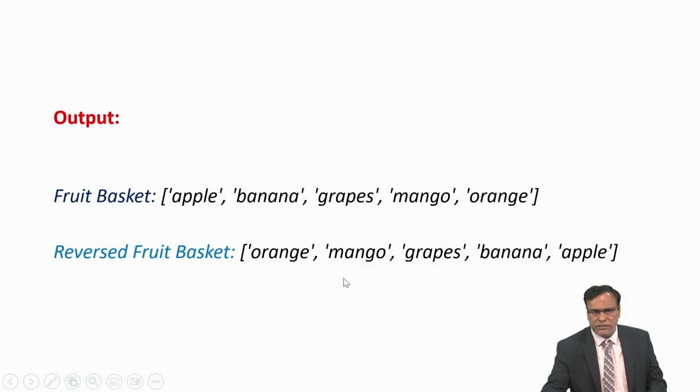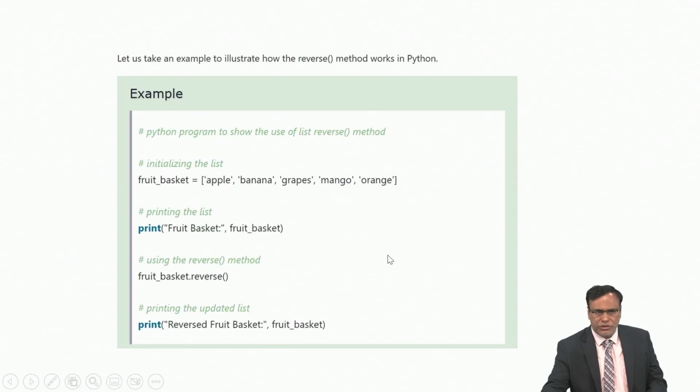It has 5 elements, and in the reversed list, this orange, which is the last item, is there as the first item. Mango is the last but one item in the original list. You got that same item, mango, as the second element in the reversed list. Like this, this function works.